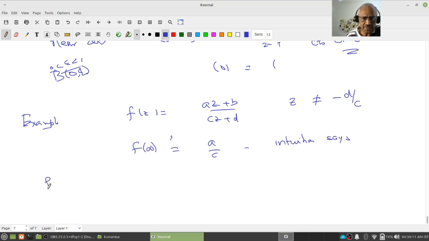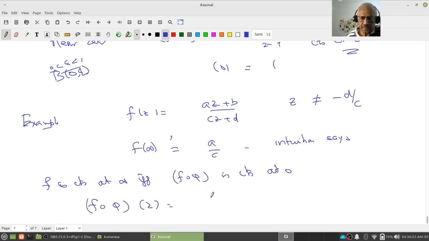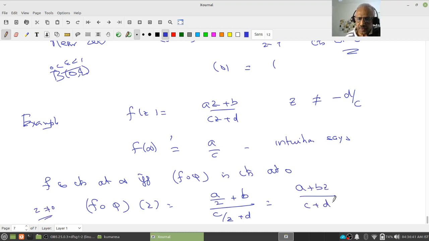To check continuity, f is continuous at infinity if and only if f composite phi is continuous at 0. So what is f composite phi at z? That is a by z plus b by c by z plus d, that is a plus bz by c plus dz, near 0, assuming z is not equal to 0.